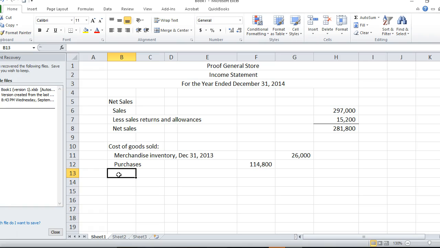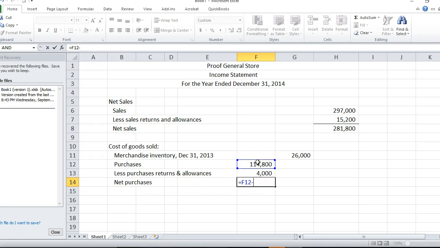Then we have to subtract less purchases, returns, and allowances of how much? $4,000. So our purchases minus our purchase returns and allowances give us our net purchases of $110,800.